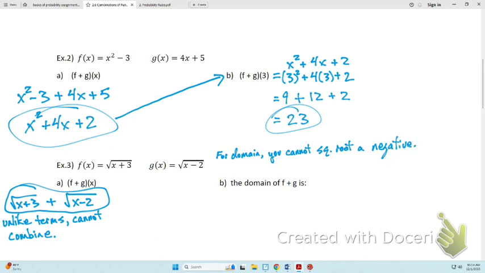So you must find values that force, this is tricky, it's called the radicand, that force the value under the radical to be positive.